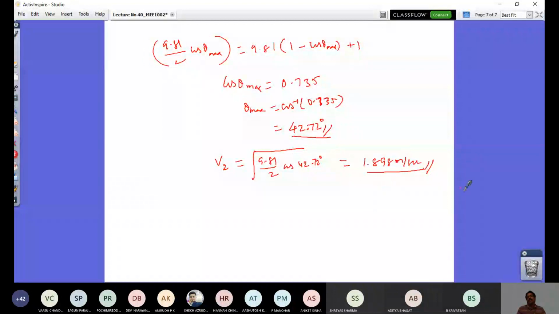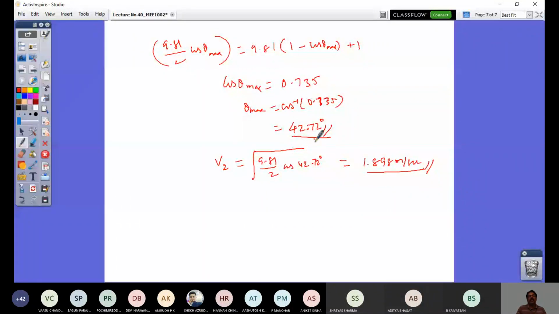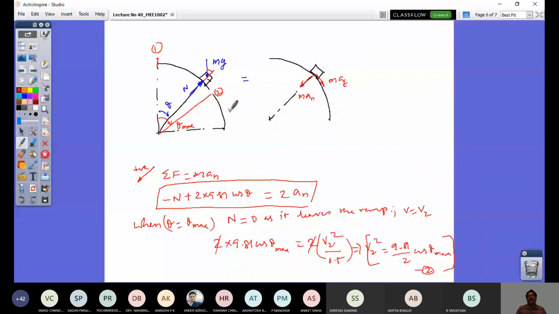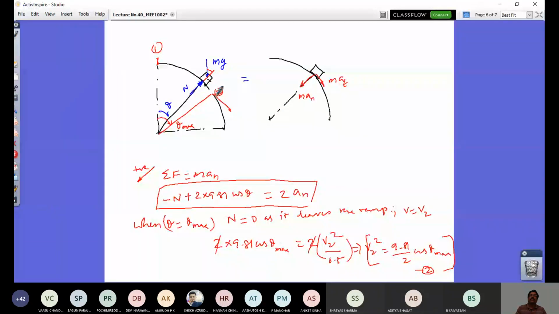Which is with the direction of this. So now what is this direction? Look at direction here. This is the direction. If this is theta max, then you will have here to the horizontal the same, because this is normal and that is to the horizontal theta max, right?